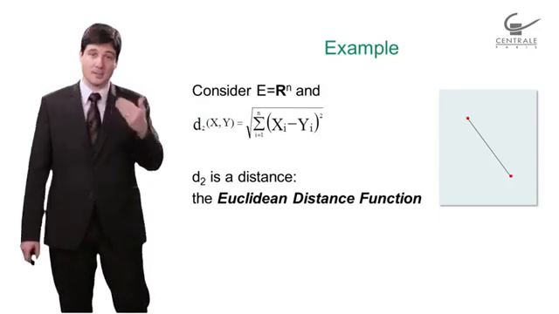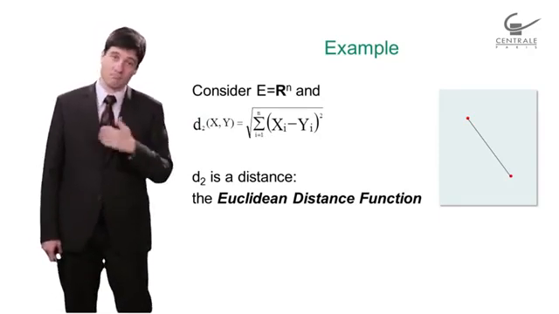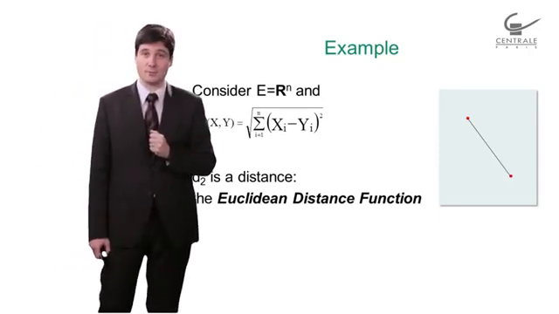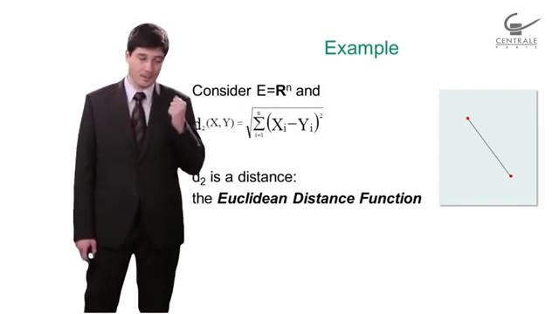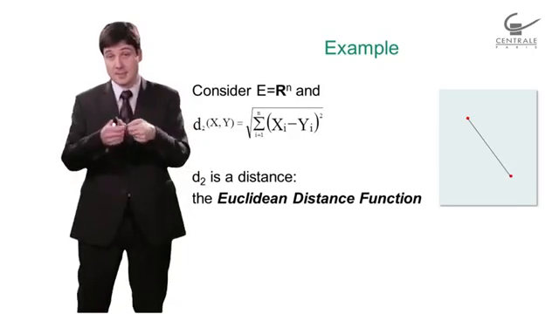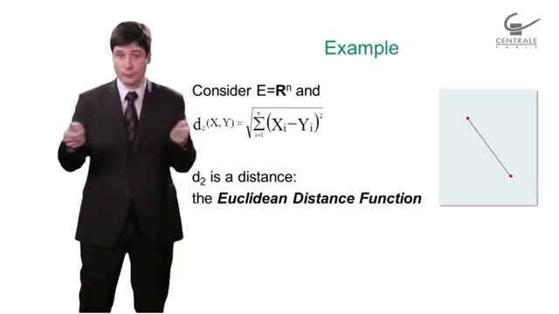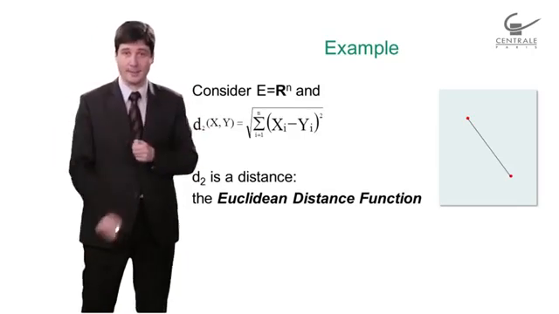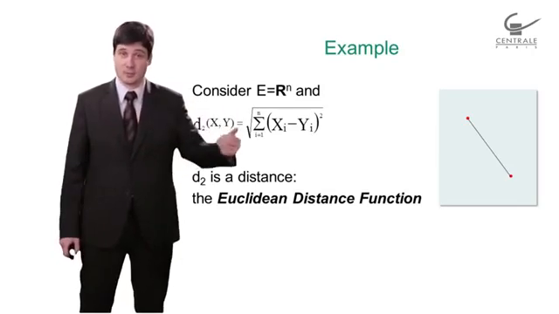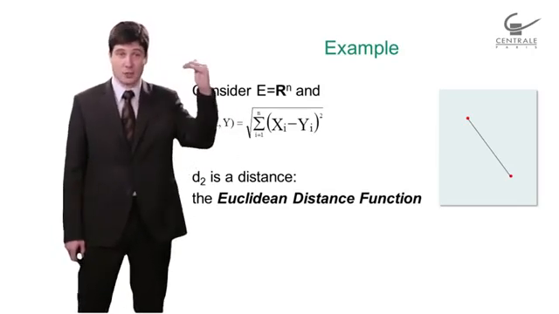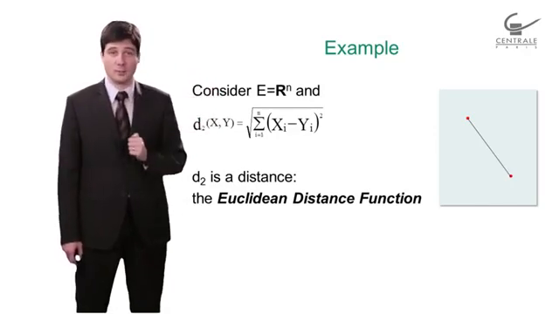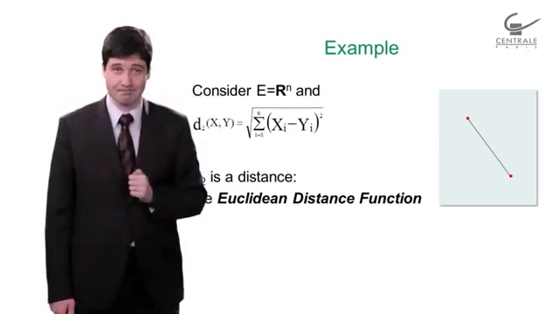If you know a few things about Pythagoras, you will see that it's actually d2. This is the distance you will see if you use a ruler to measure on the plane. It is a distance function, and again, you can verify this by simply checking that all of the criteria we talked about are met.